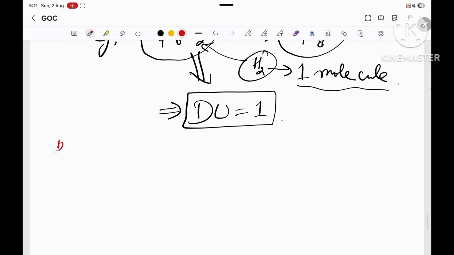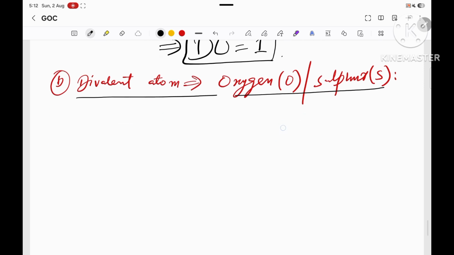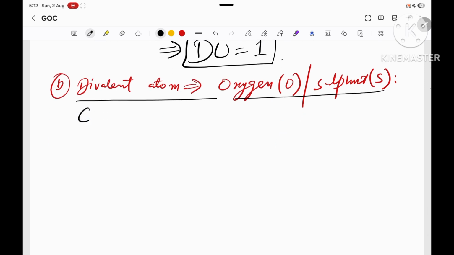It was the monovalent, so you have to remove the atoms and directly add the hydrogen atoms. But if there is a divalent atom like oxygen, O, or sulfur, we will write the formula CnHYOM. This is the general formula here.